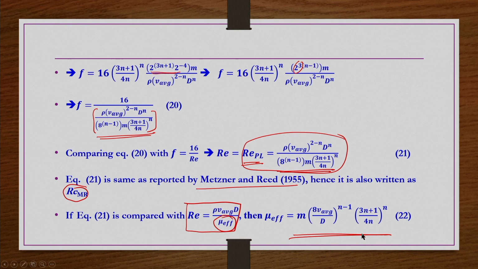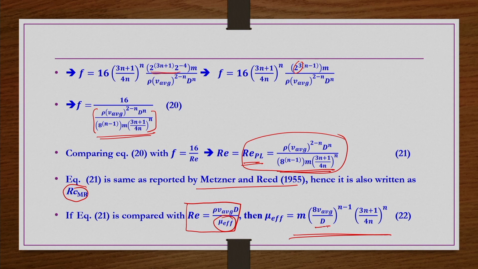So rather than writing changing viscosity with shear rate, if you write an effective viscosity in the definition of the Reynolds number, then that effective viscosity should be nothing but m times 8 V average by d whole power n minus 1 times 3n plus 1 by 4n whole power n.